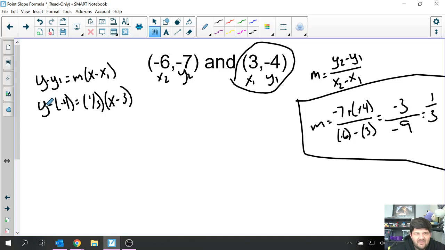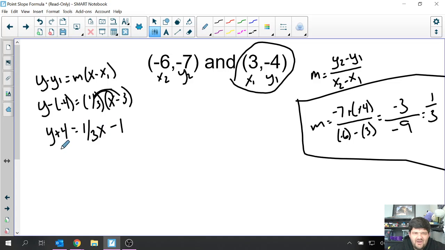Now we do have to simplify it. Y minus a negative 4 changes to y plus 4. 1/3 gets distributed to both of these. All right. So 1/3 times x is 1/3 x. 1/3 times negative 3 is going to be negative 1.